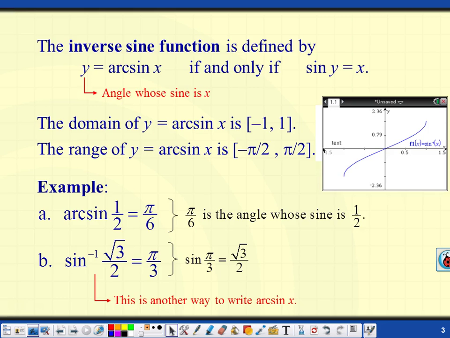So let's talk about what a negative one would look like. What if they asked you the inverse sine of negative 1/2? Now, I don't have all the values filled in, so you have to figure out where negative 1/2 would be. What angle do you think that would be?